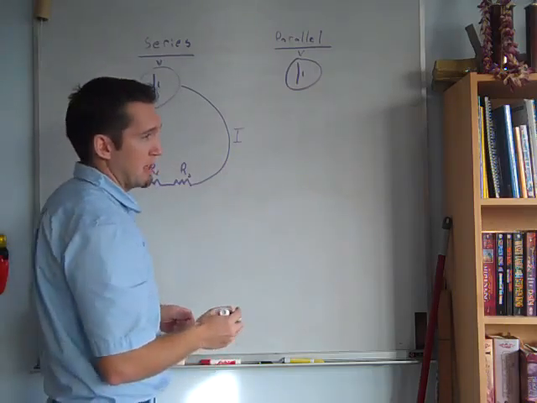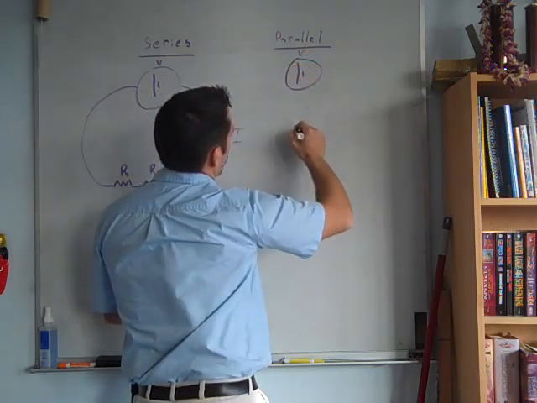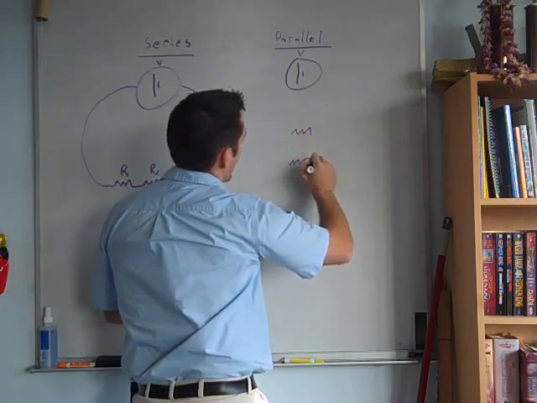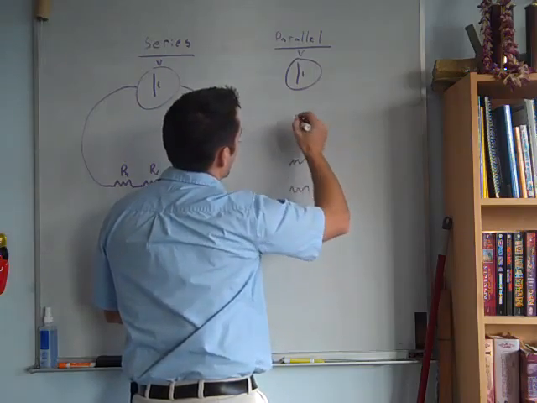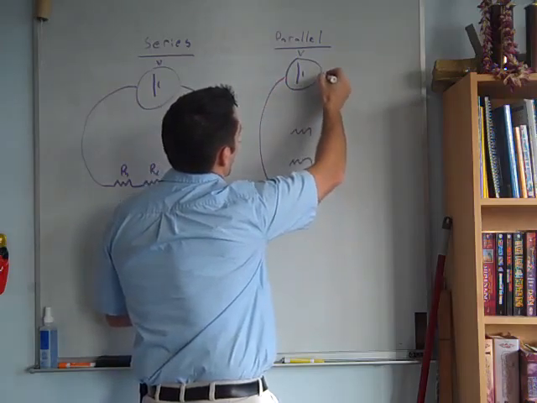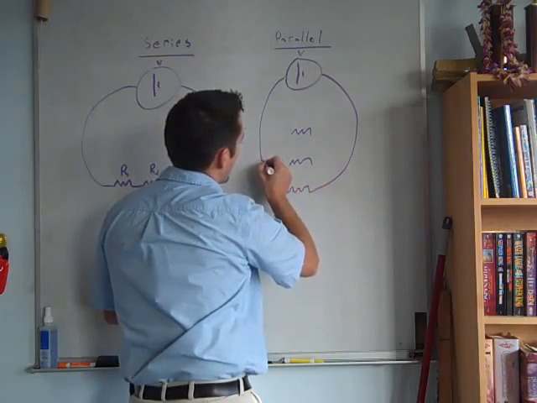Now on the other side, parallel circuits start like here. We have our three resistors, and they're connected like this.